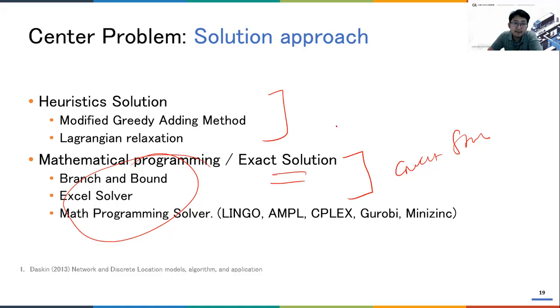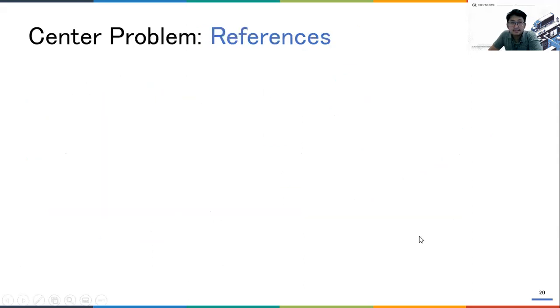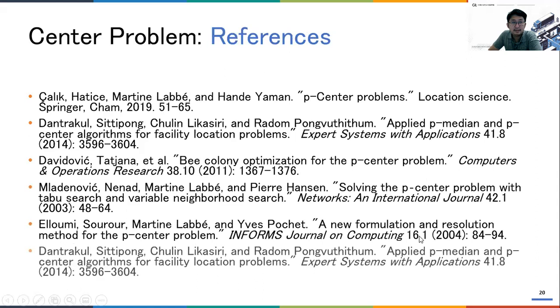But if you are limited by solving time, or this cannot be solved using mathematical programming or exact methods, you can try to utilize the heuristic approach. Okay, this is the reference. But again, for all those 3 problems being discussed, I have a series of videos that I can share with you.